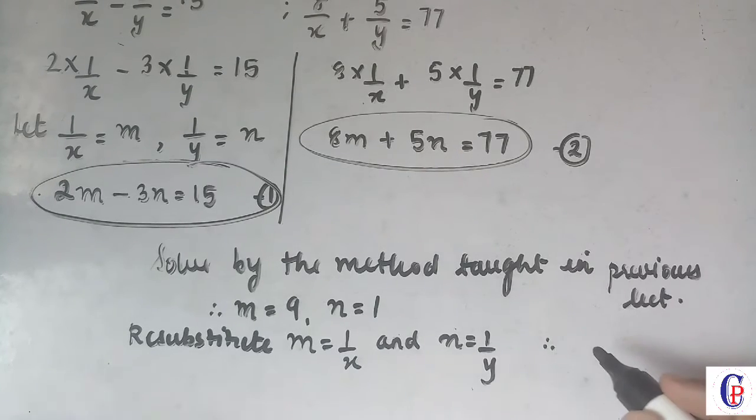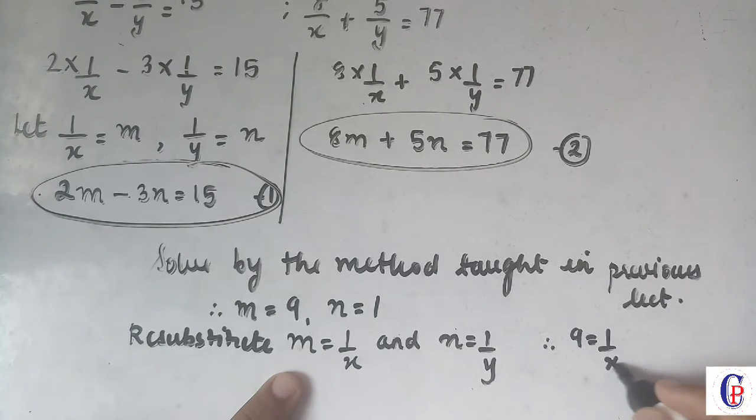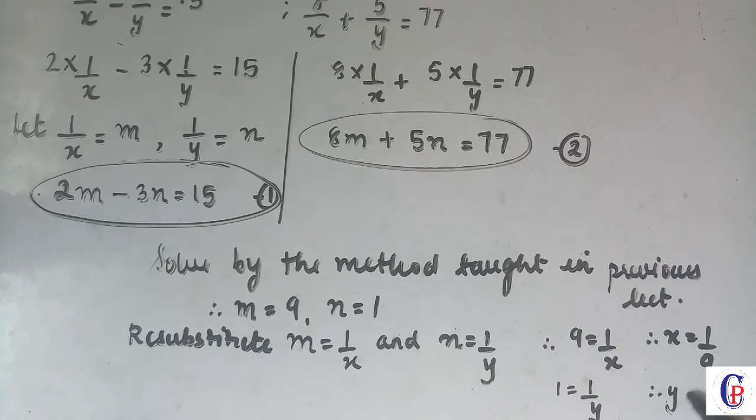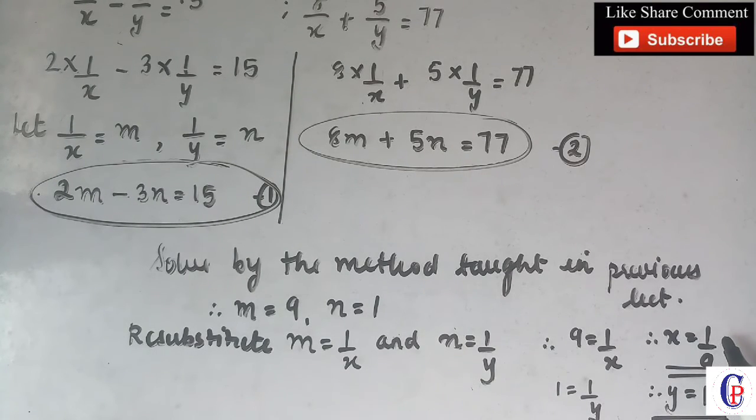So m means 9 is equal to 1 upon x, therefore x is 1 upon 9, and n is equal to 1 upon y, so 1 is equal to 1 upon y, therefore y becomes 1. So this is our answer: x is 1 upon 9 and y is 1.